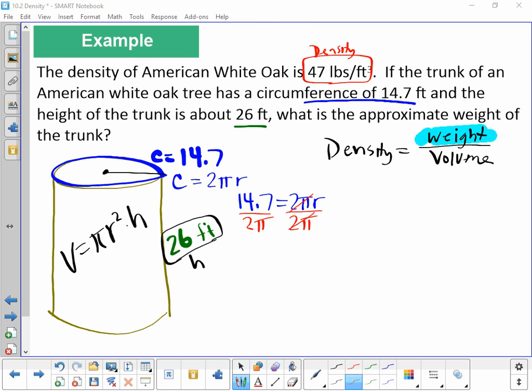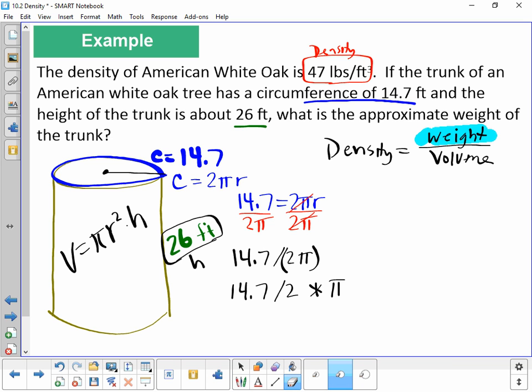If you type it in directly like 14.7 over 2 pi, your calculator actually interprets that as divide by 2 times by pi. It's not grouping the 2 pi together. So it's a good idea to group that, and then your calculator will know that you actually mean to divide by both the 2 and the pi. Okay, so just be aware of that.